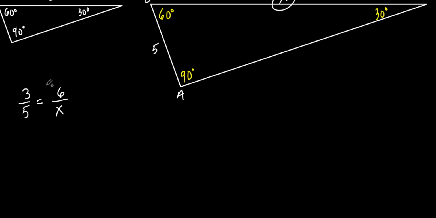This is where you use cross multiplying. Do you remember doing cross multiplication? Probably did that in middle school sometime, all right? 6th grade probably. What does that mean? It means when you have a fraction set equal to a fraction, we can always multiply diagonally. So what is 3 times x? 3x. And then what am I going to multiply? Those two. It's 5 times 6, which is 30.